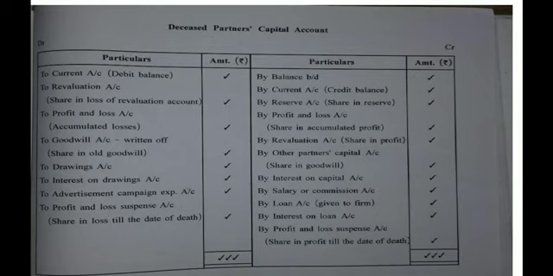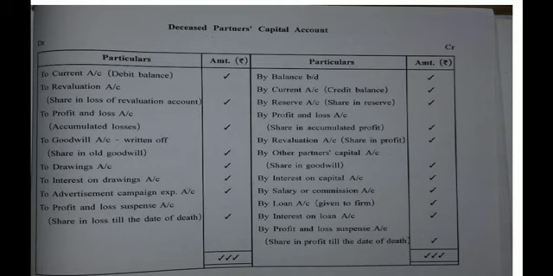Then the credit balance of current account, if any. By reserve account, this could be general reserve. Then by profit and loss account, this is the amount given in an old balance sheet on liabilities side.